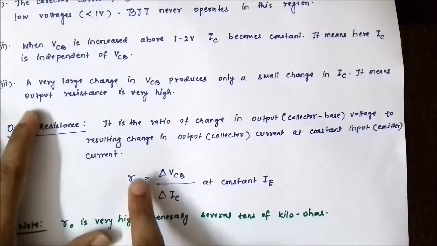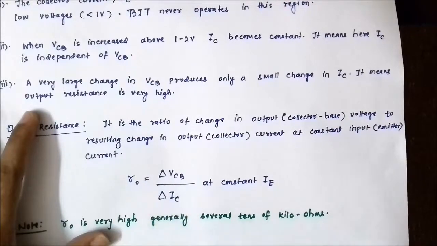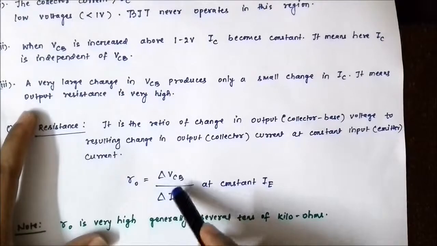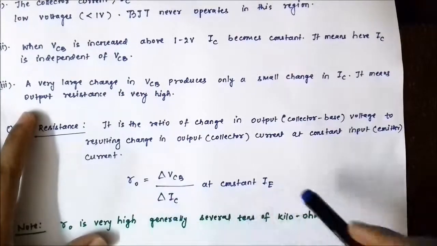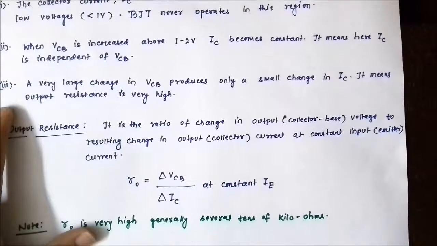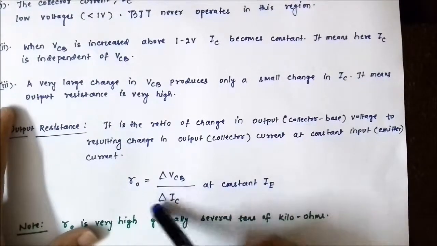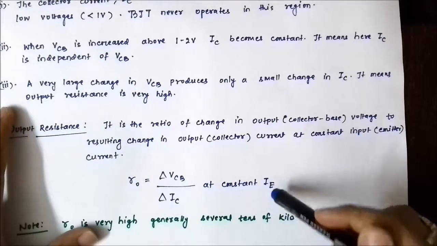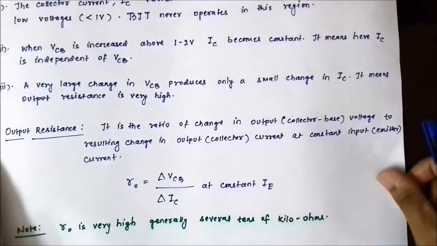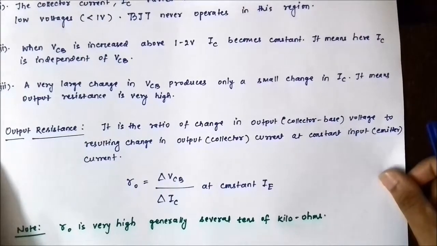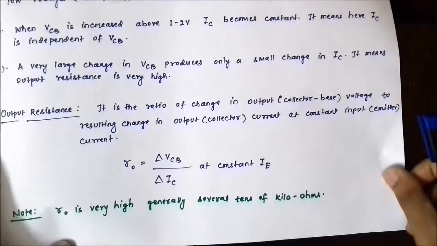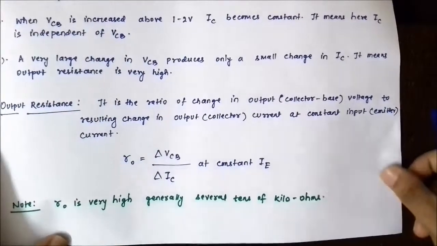So we can write the mathematical expression for output resistance as del VCB by del IC at constant IE. That is, change in collector to base voltage to change in collector current at constant emitter current. As I said, the output resistance is very high for a common base mode BJT, and the practical value is generally of the order of several tens of kilo ohms.